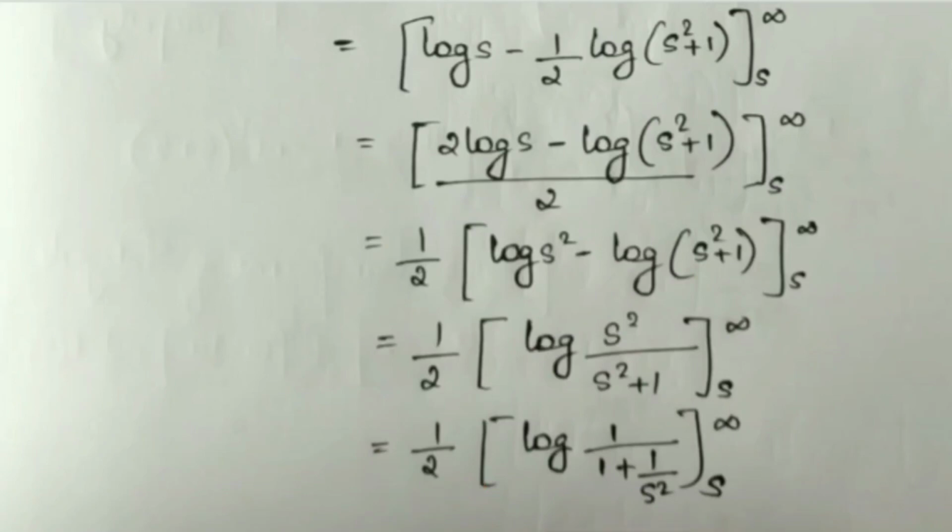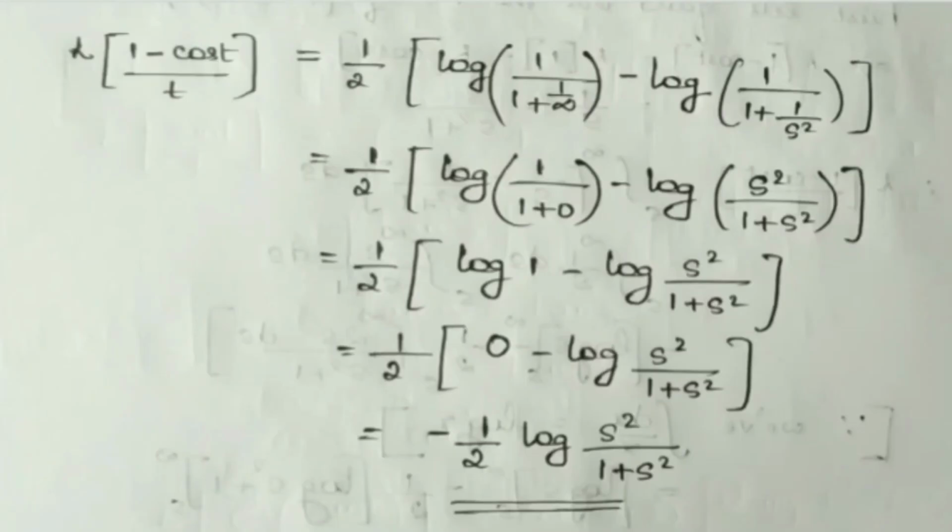Why we have done this rearrangement is that when we apply the limits, it becomes log infinity. Log infinity is infinity and the whole term becomes infinity. So, in order to avoid such problems in this solution, we have to rearrange this term into this.